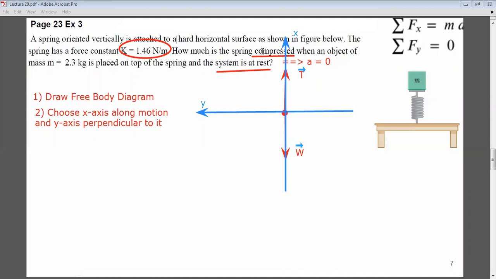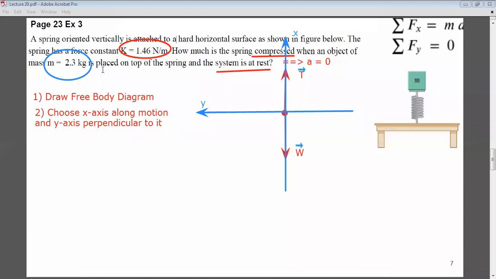How much is the spring compressed when an object of mass m, equal to 0.3, is on top of it? So the question is about how much the spring is compressed.